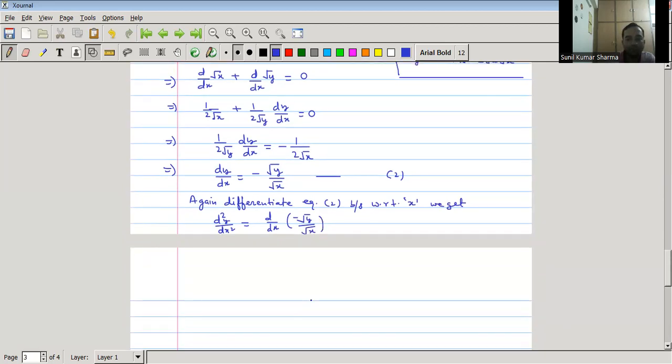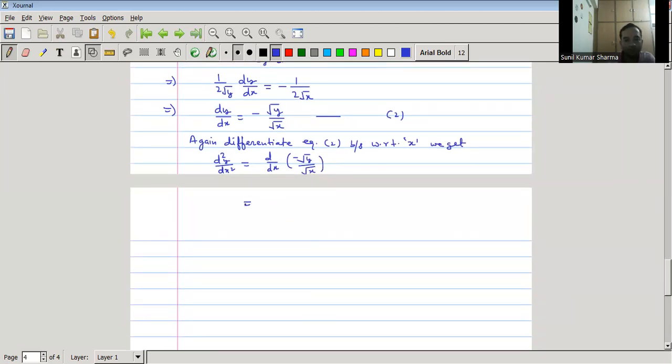Now we can use the derivative of u upon v. So that is minus, you can take minus common. Second function, that is under root x, times the derivative of under root y, which is 1 upon 2 under root y dy upon dx, minus under root y times the derivative of under root x, which is 1 upon 2 under root x. Bracket close, whole divided by under root x whole square.